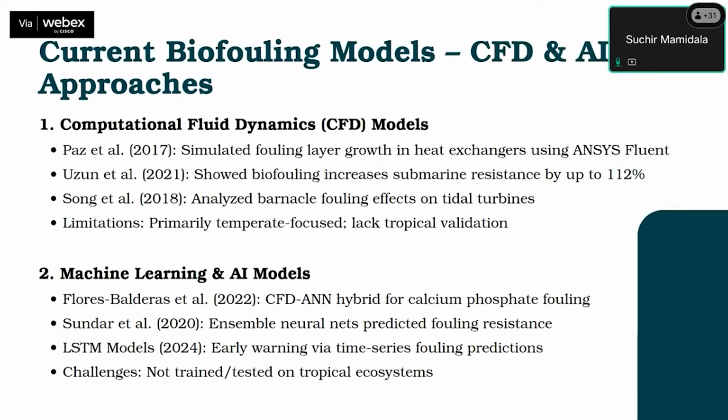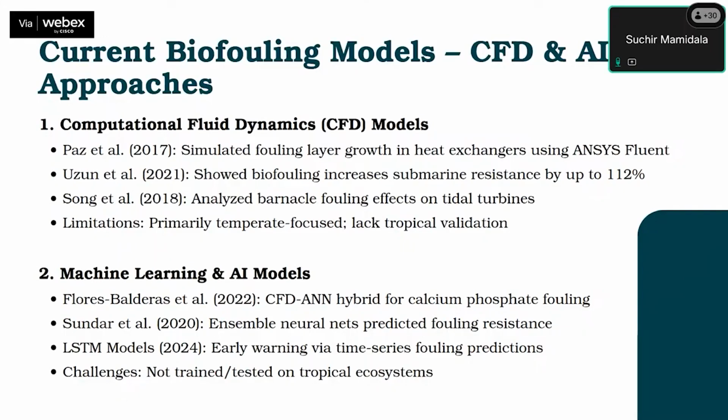So the current literature on the fouling simulation mainly includes two types of categories. One is the physics-based CFD, computational fluid dynamic models, and the other one is the data-driven AI models. The existing CFD models simulate how biofouling develops in different marine applications, from heat exchangers to tidal turbines. They account for parameters like wall shear stress and turbulence.